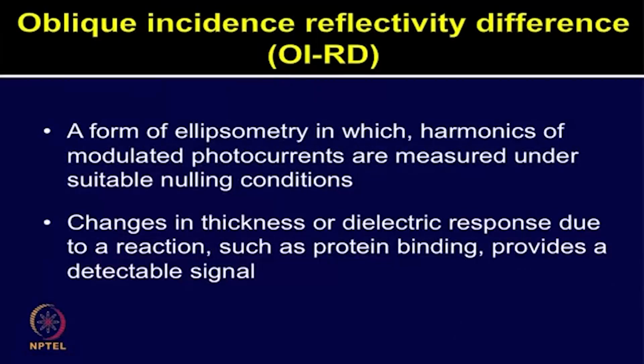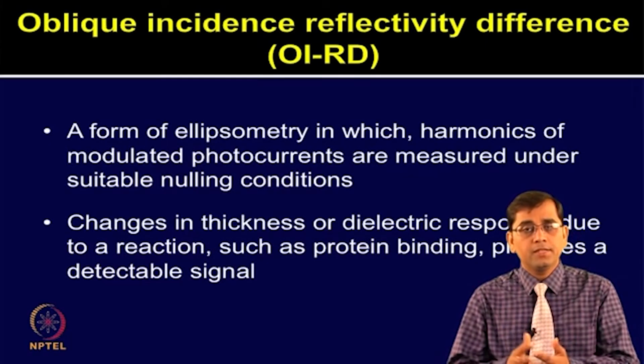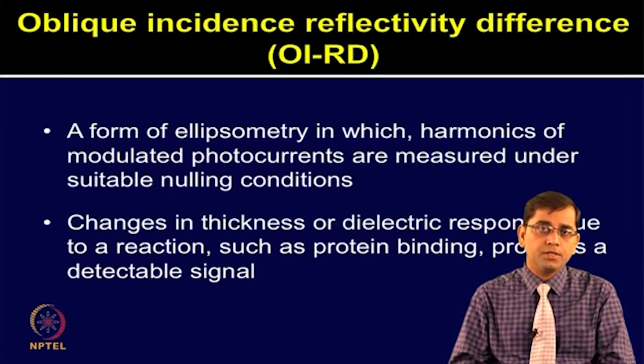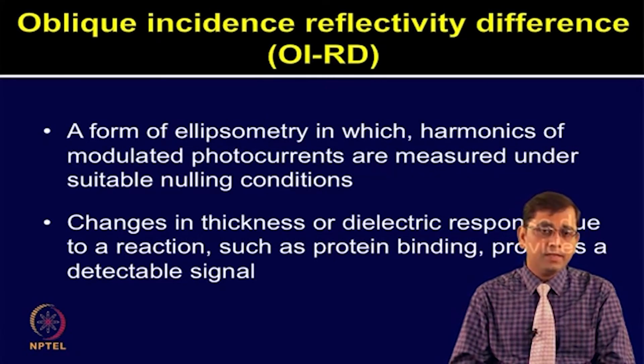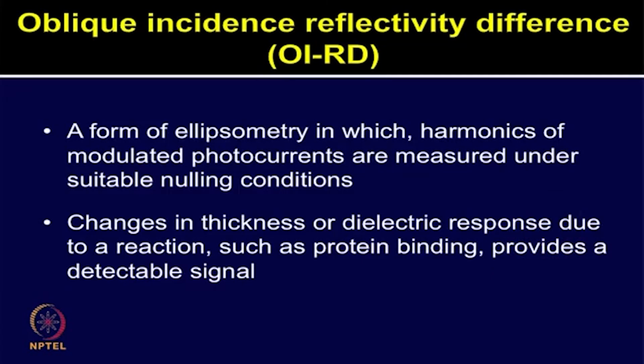It can be used for label free high throughput detection of biomolecular interactions on DNA as well as protein microarrays. The changes in the thickness or dielectric response due to a reaction such as protein binding can provide a detectable signal, and that is how the reactions can be monitored.